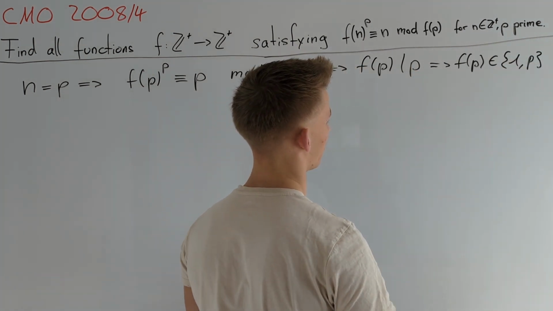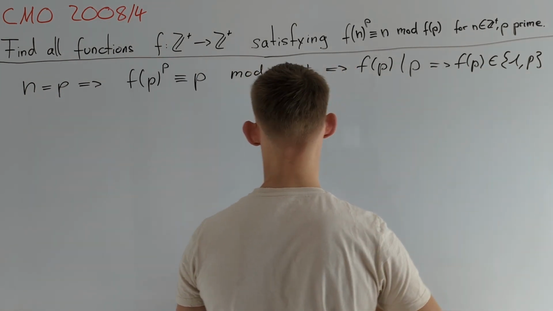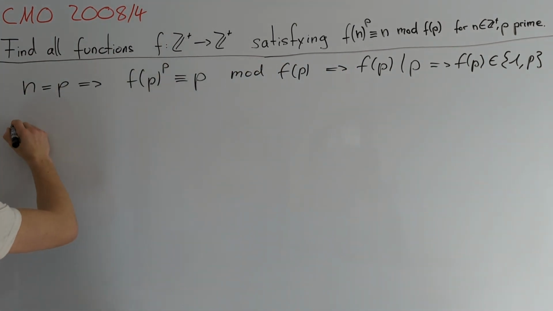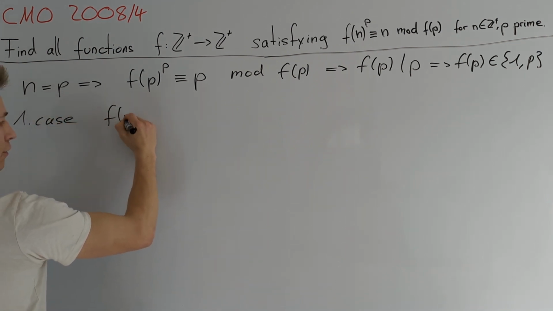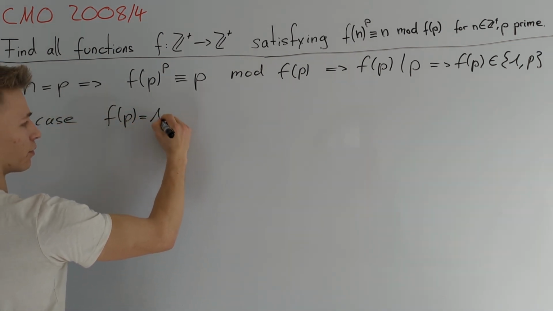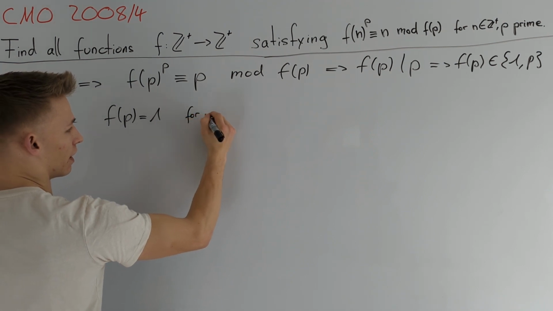Let's consider the different cases for the values of f(p). We start with the easiest case, namely that f(p) is equal to 1 for every prime.